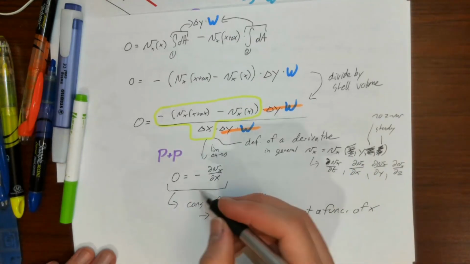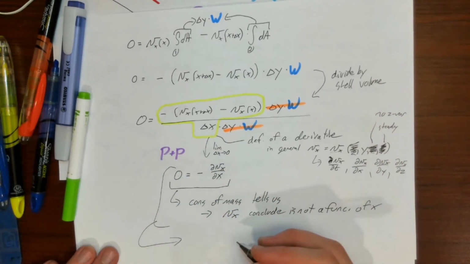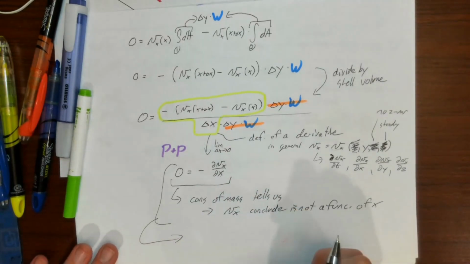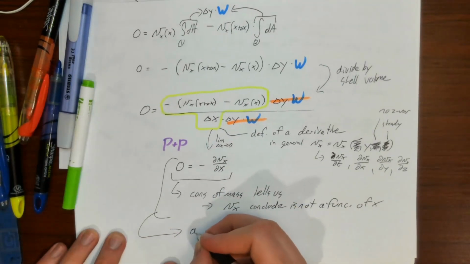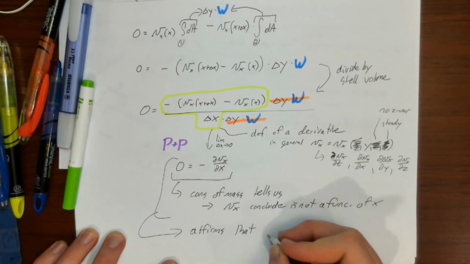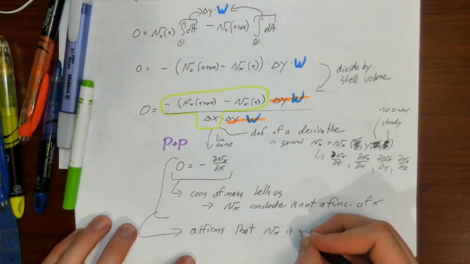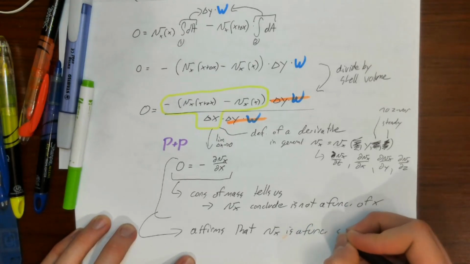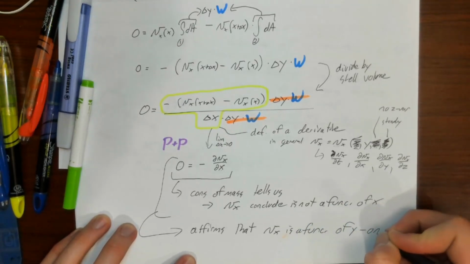So this whole process of conservation of mass allowed us to affirm our belief that Vx is a function of y only.